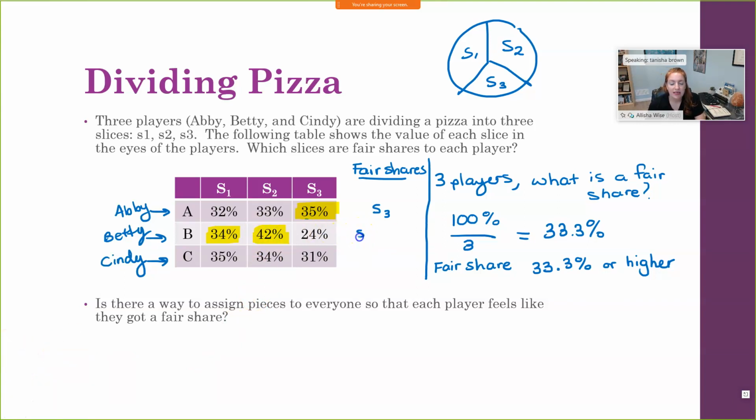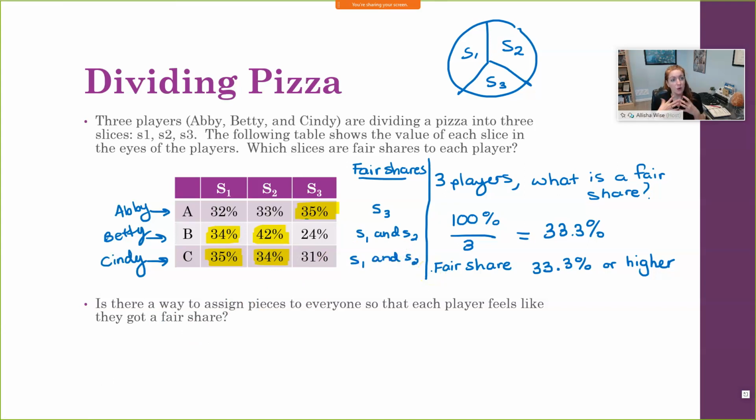So S1 and S2 would work because both of those are higher than 33.3%. And how about Cindy? What do you think for Cindy? We agree. S1 and S2.